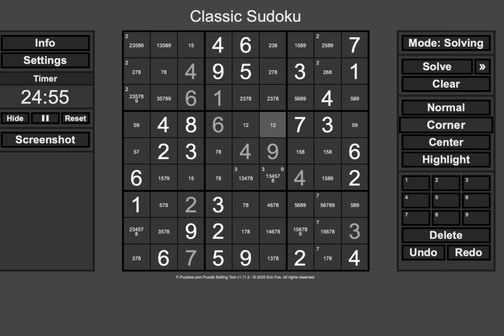Means that's not 9. It tells us nothing else that's even remotely useful. Let's see, this can't be 4. 2 different ways.